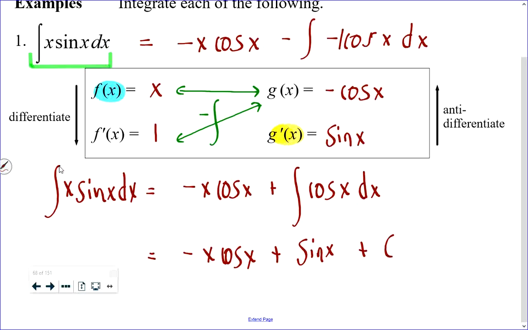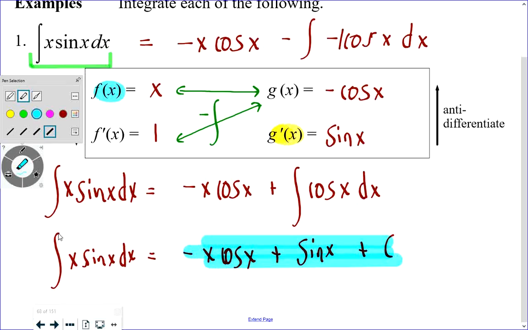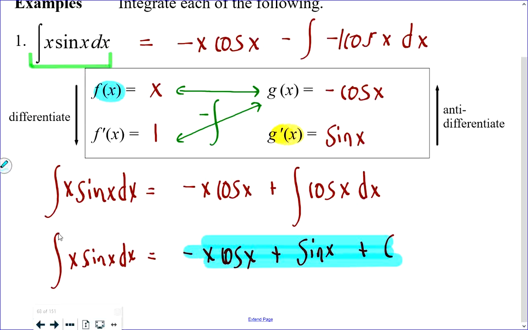And I don't believe, if I gave you 10 minutes, I don't believe too many people would be able to say to themselves that this is what you differentiate to get x sine x. I don't think it would have occurred to you to go down that path. It might now to explore that.